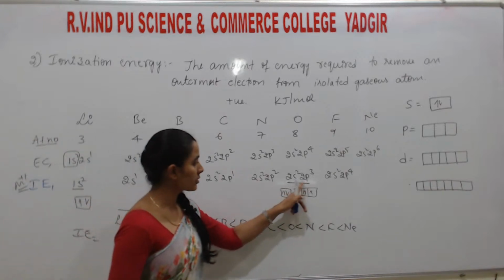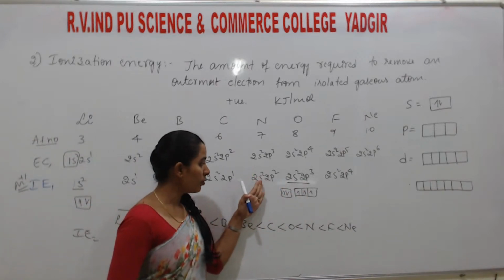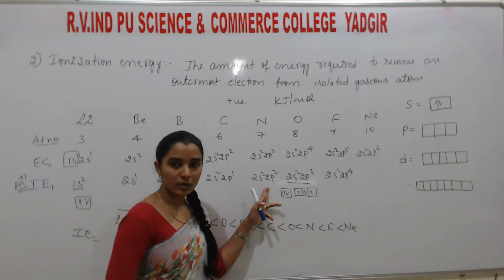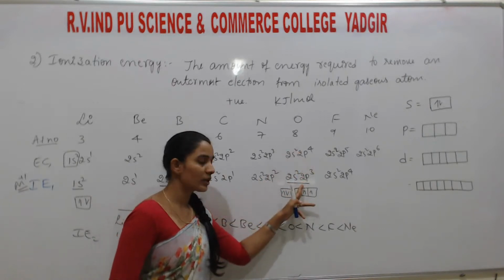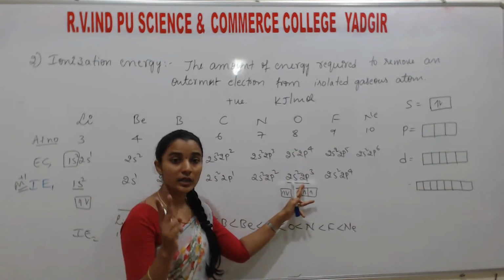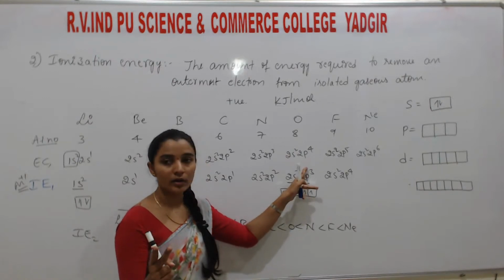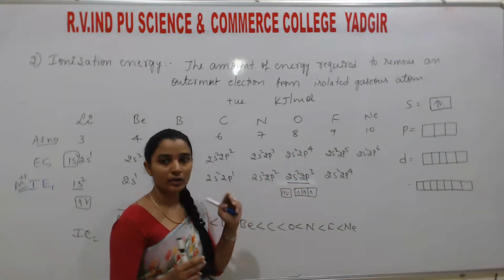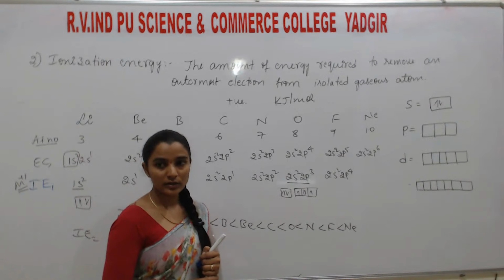Similarly here, oxygen and nitrogen. After removal of 1 electron, nitrogen becomes an unstable configuration, oxygen becomes a stable configuration. So the second ionization energy is more for oxygen than for nitrogen. Understand?